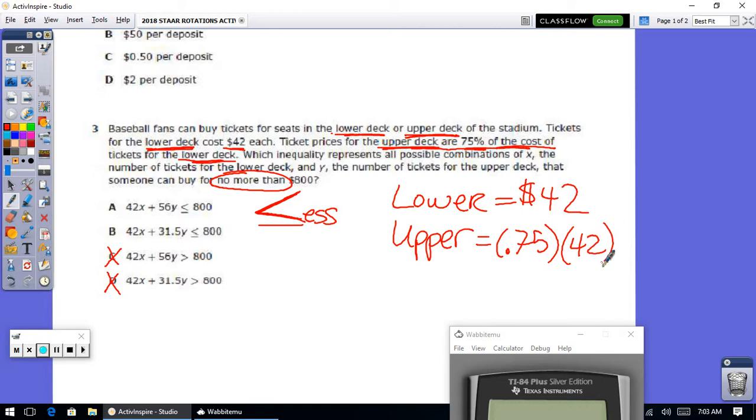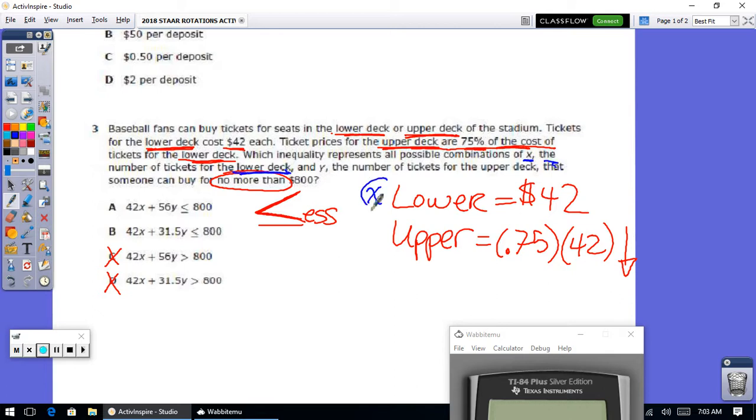But when you multiply something times 75%, the price is actually going to go down, because think about it, the lower deck, you're closer to the field, the tickets are going to cost more. So obviously the upper decks are going to be less. So let's see which variables go where. Which inequality represents all possible combinations of x, the number of tickets for the lower deck.